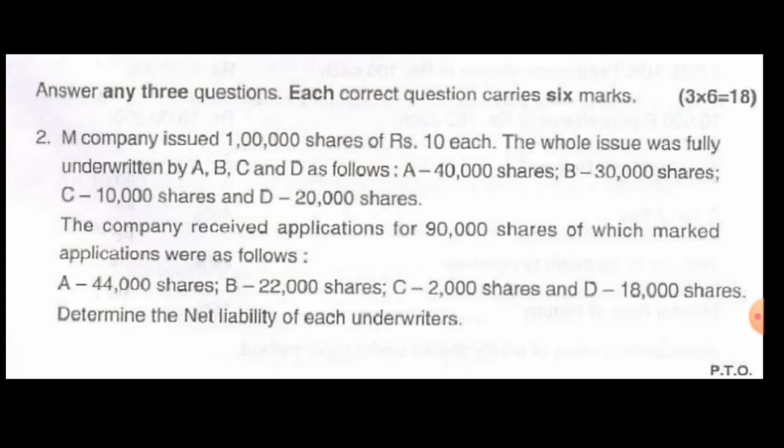In that A, B, C, D underwritten: A 40,000, B 30,000 shares, C 10,000 shares, D 20,000 shares. Issued 1 lakh shares and underwritten also 1 lakh shares. So it is complete underwriting.